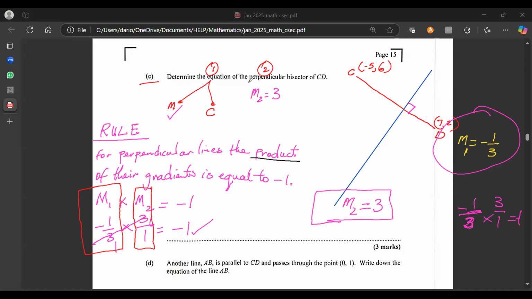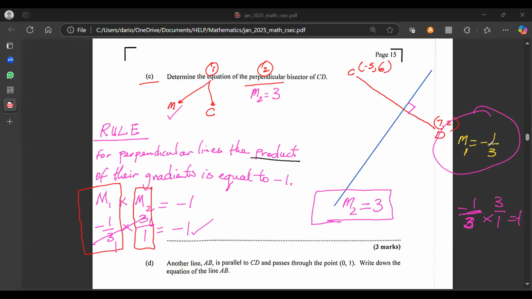I said the perpendicular, since we knew the gradient of the line CD was -1/3, they had asked us to calculate that, then since it's perpendicular and M1 times M2 must be equal to -1, you just flip the number.